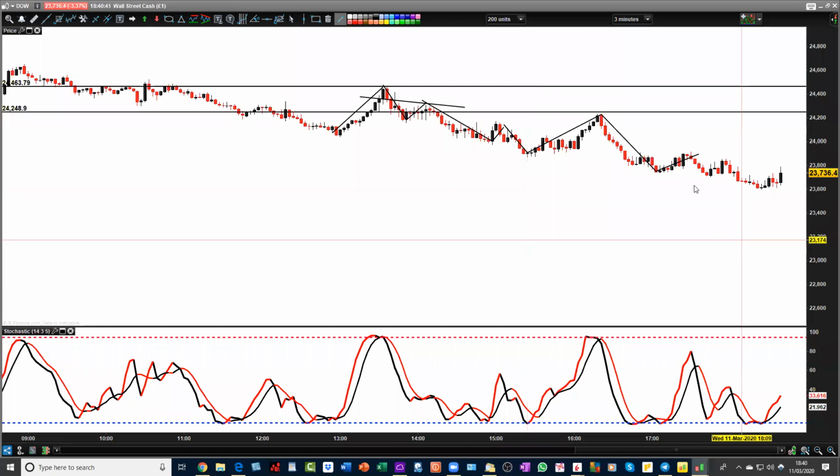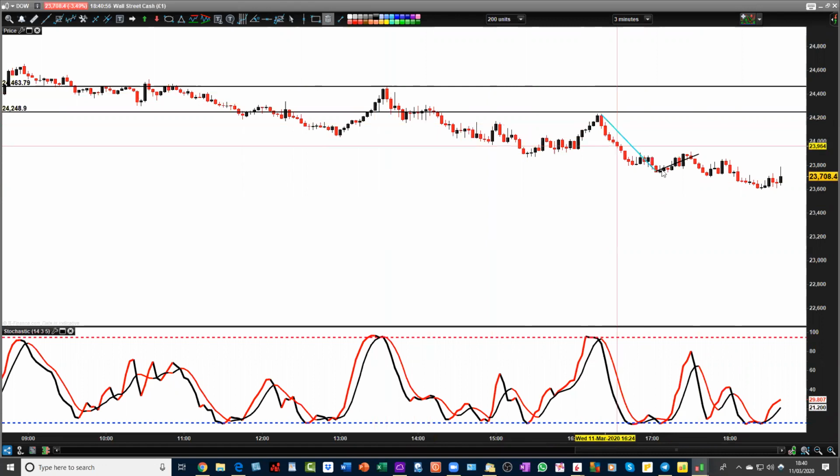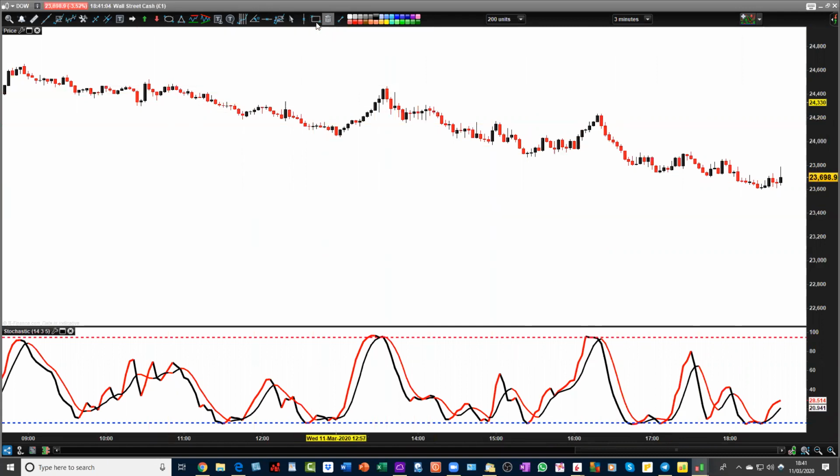You can see why it's not worthwhile picking bottoms in this, because it's awful. So if you are day trading something like the Dow, just look for that open period, that open zone, and then trade it in the direction that it is telling you.